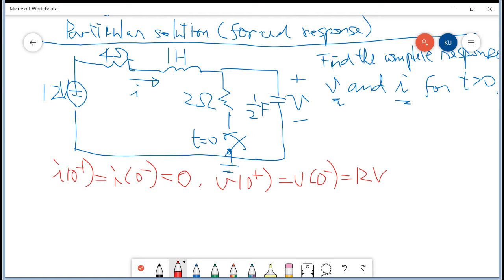And actually this is a second order circuit, so we also need to know the first derivative of I and V. Actually we would like to know VL.